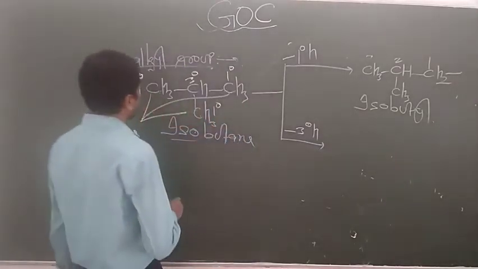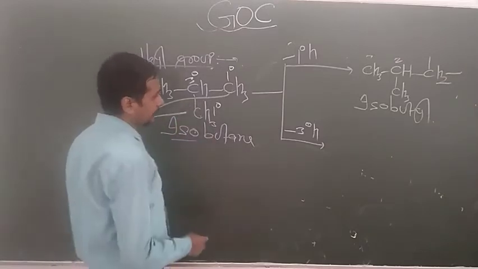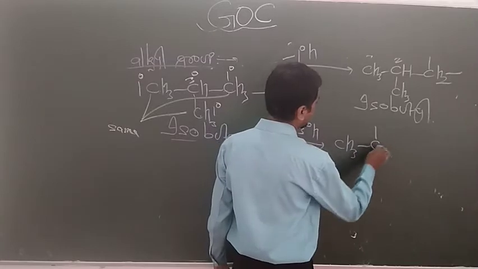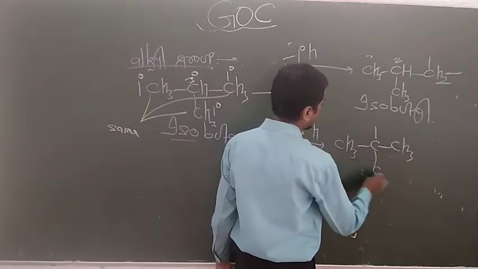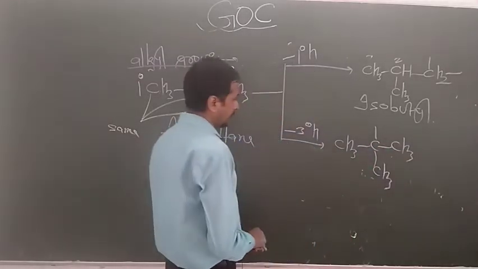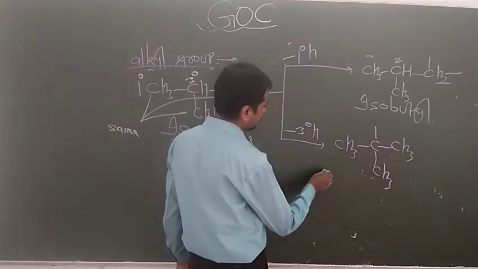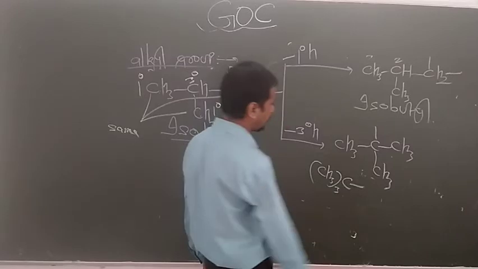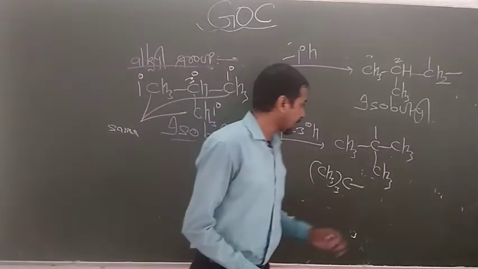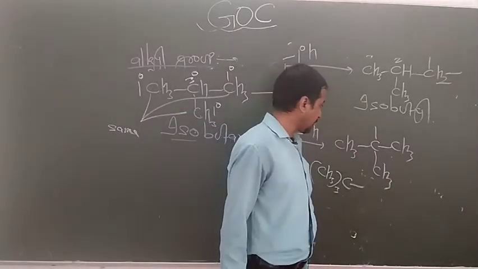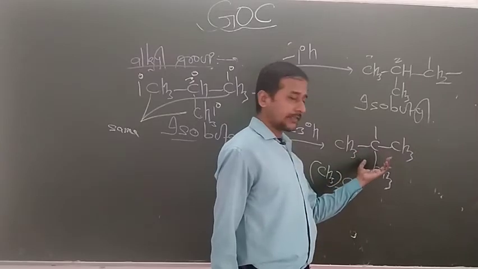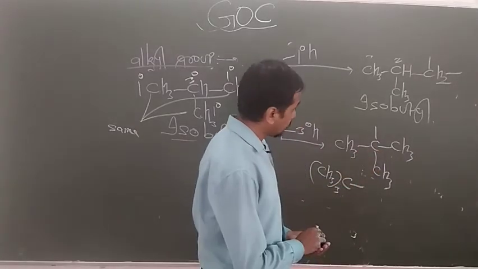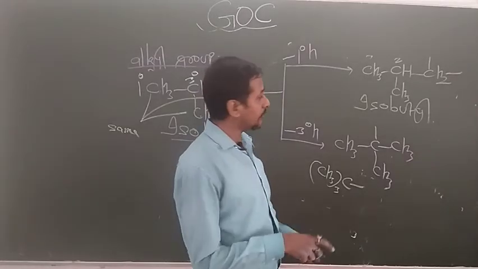Now let us focus on the removal of 3 degree H. So this will generate CH3, C single bond, CH3 and CH3. Now with the conditions, this can be written like this also: CH3 whole thrice, C single bond. So this I told you, for neo minimum 5 carbon are required, but here only 4 carbons are given, and the second last contains 2-time methyl branching, so this should be neo, but for neo we require 5 carbon.